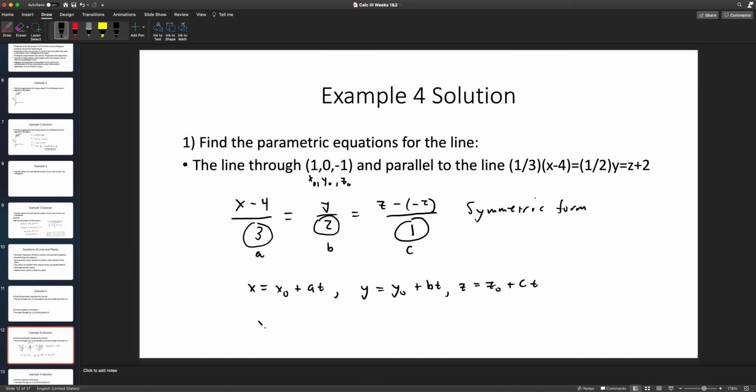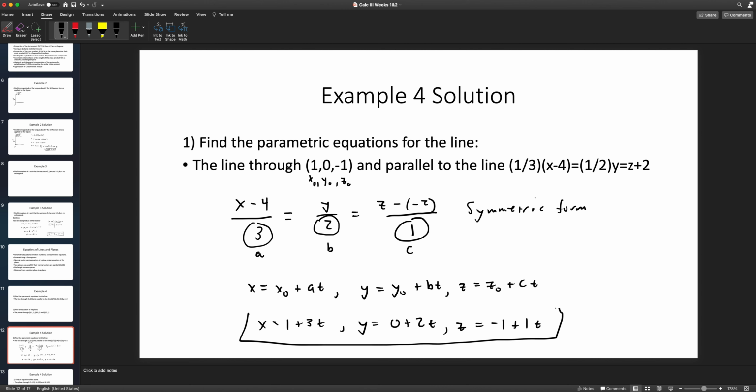So we plug them in. And that's our parametric equations for the line.